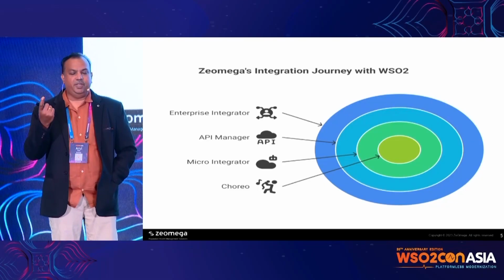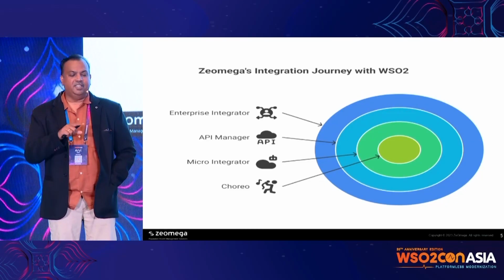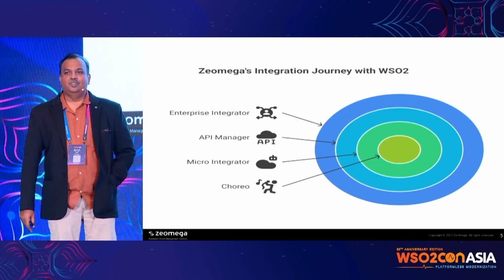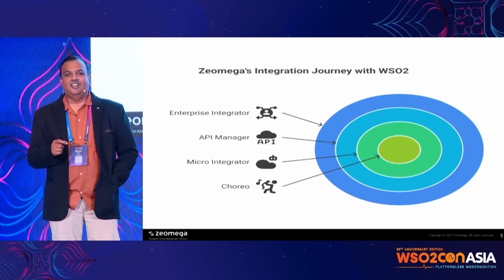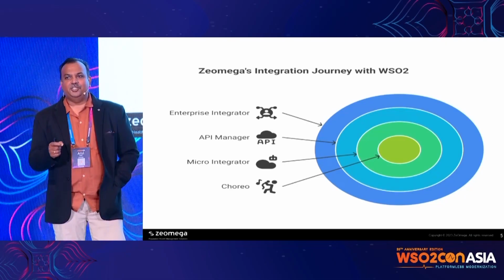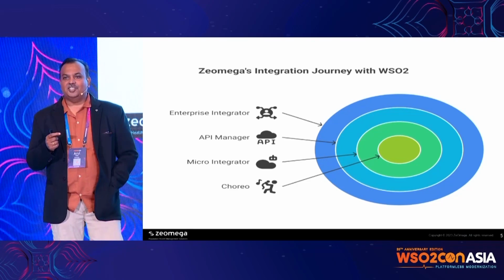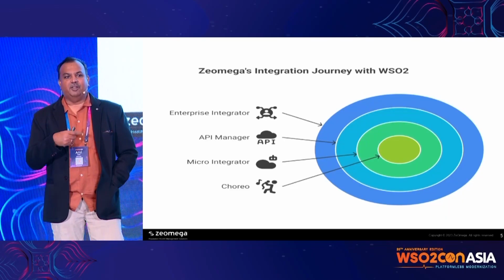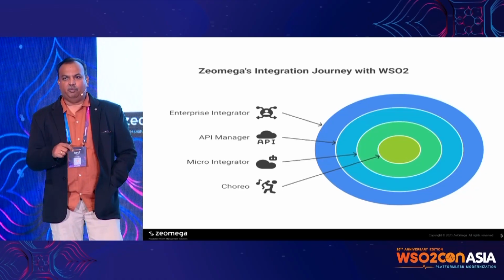We started with ESB, the first version, and after that Enterprise Integrator and API Manager 1.0 and 2.6.0, and there are still a few customers using API Manager, and it's still powerful. Now we have started adopting the latest versions, and in the last few months we have been upgrading to API Manager 4.5 and Micro Integrator 4.4.